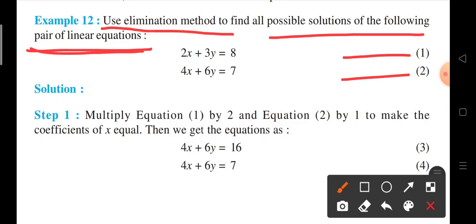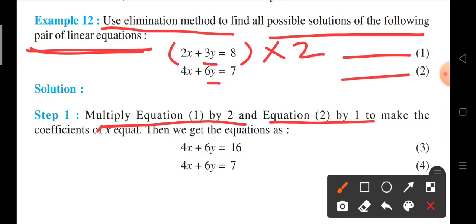In this, we will eliminate one of the variables by making the coefficient of that variable equal in both the equations. So multiply the first equation by 2 and the equation number 2 by 1, so as to make the coefficient of the y variable equal. If we multiply the first equation by 2, it becomes 4x plus 6y equal to 16.